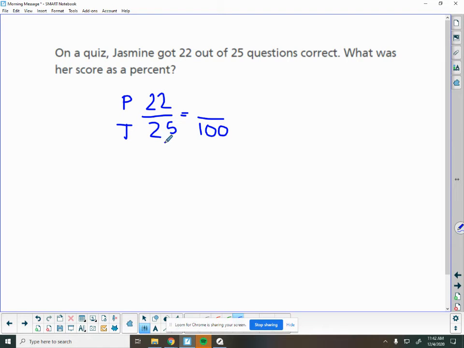Now I can ask myself, how did I get from 25 to 100? Well, we multiplied by 4. So 22 times 4 is 88. When I have 88 out of 100, we have 88%.